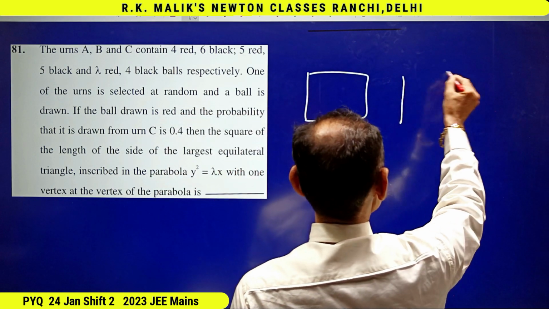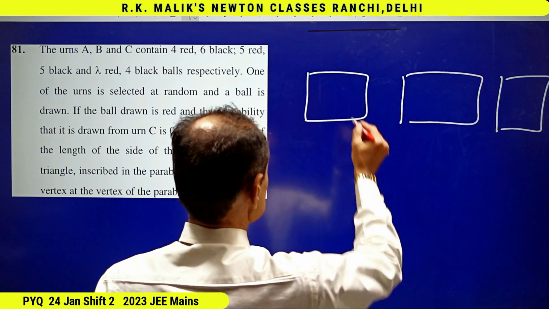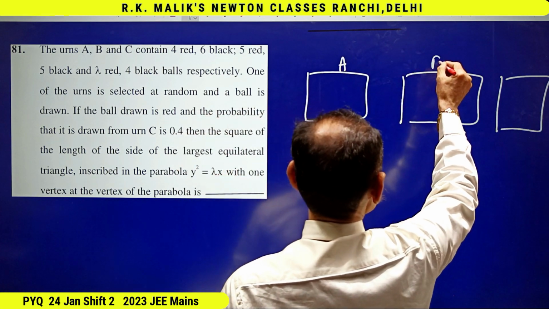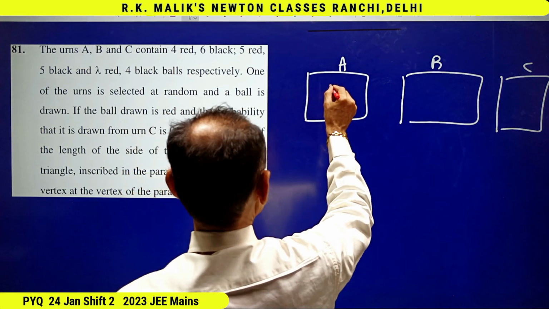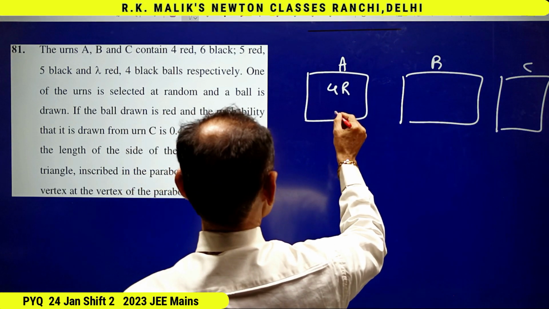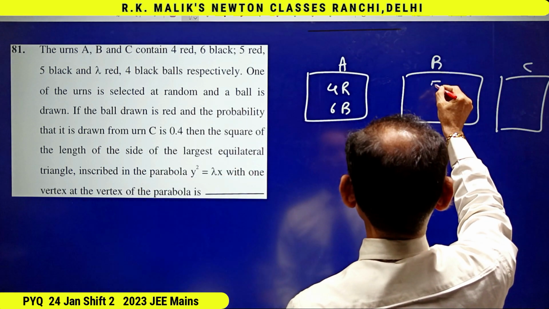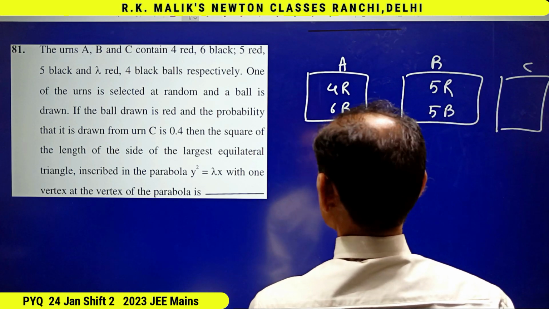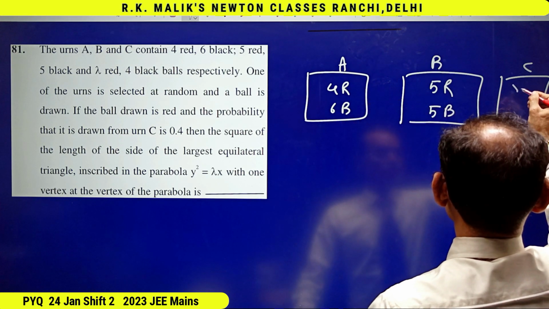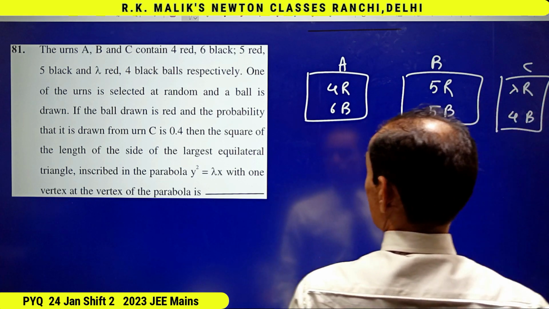Suppose these are the 3 urns A, B and C. The first urn contains 4 red and 6 black balls. Second one has 5 red and 5 black balls. Third one has lambda red and 4 black balls.